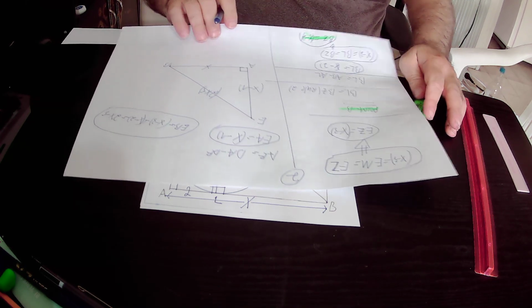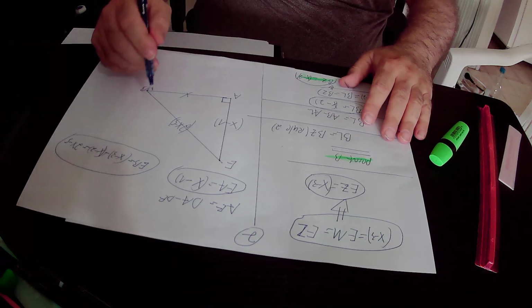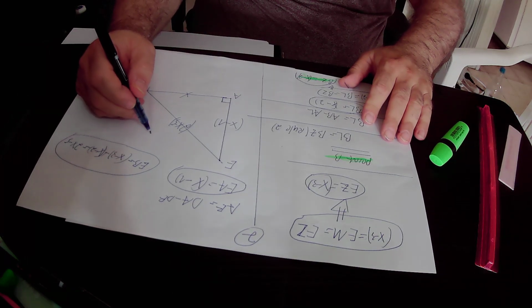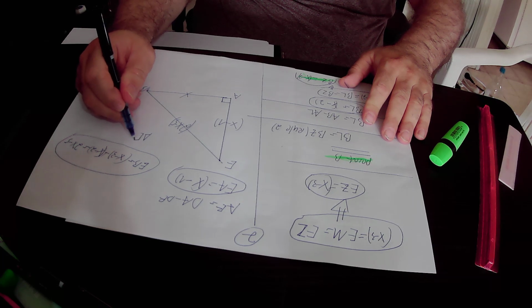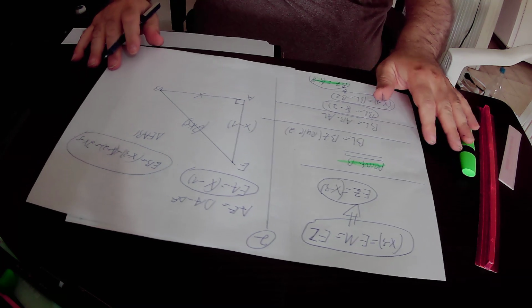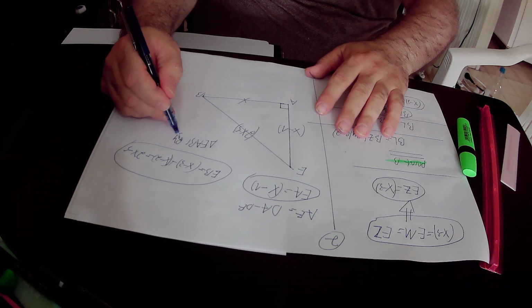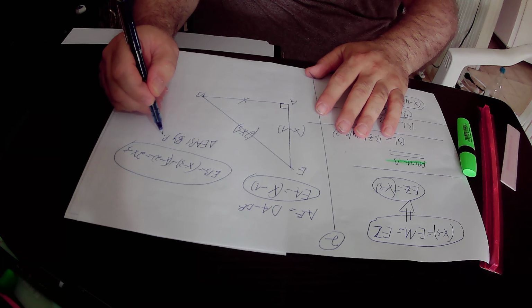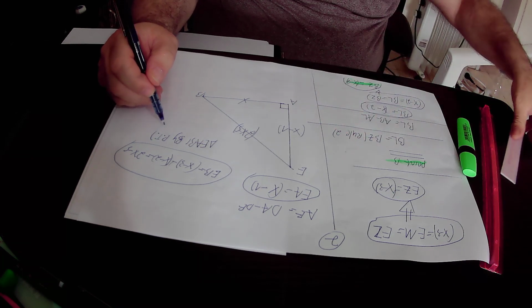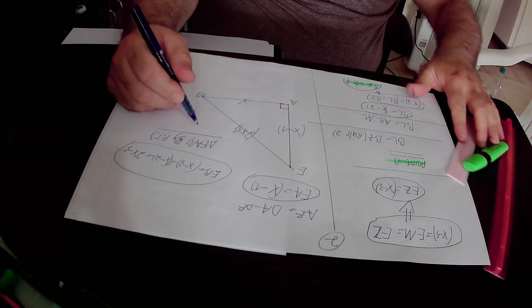Now we will implement the Pythagoras theorem on this right triangle, triangle EAB. So in triangle EAB, by PT, the abbreviation for Pythagoras theorem, we get that the square of the hypotenuse equals the sum of the squares of the perpendiculars.